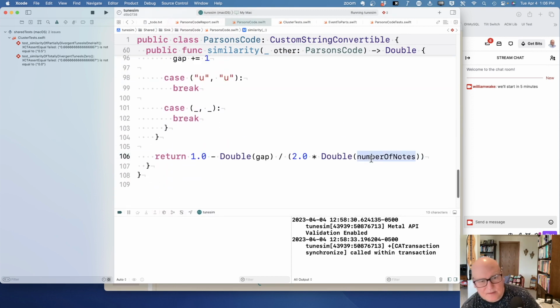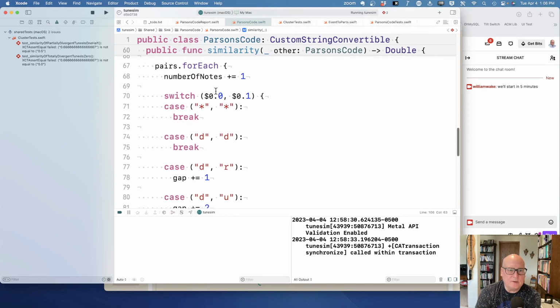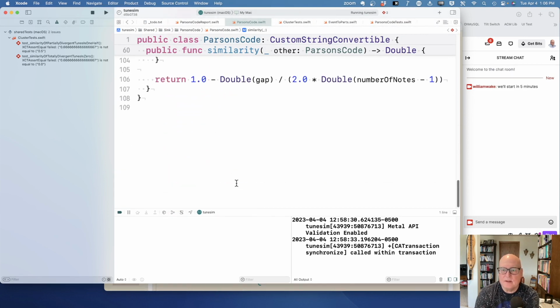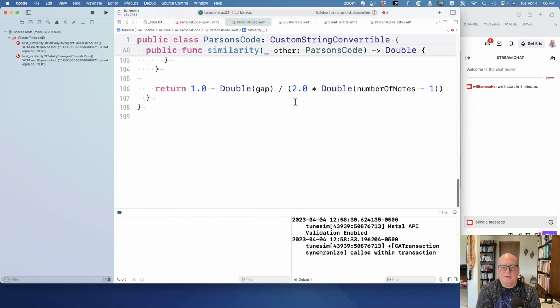The star versus star doesn't really give you any information, and so it really shouldn't be part of the count. There's only 2 changes that we can measure. So I think this should be number of notes minus 1, because it's a no information kind of thing. All right, so let's see if that captures this understanding.